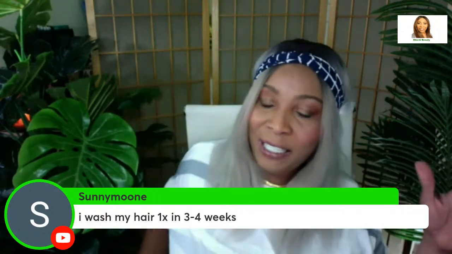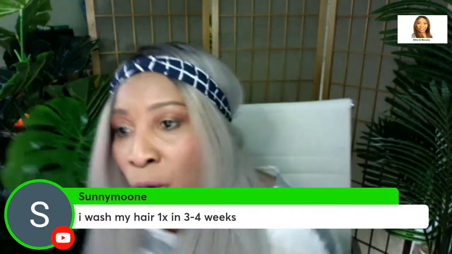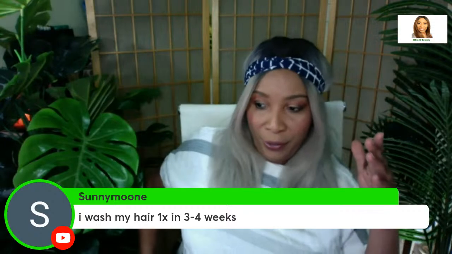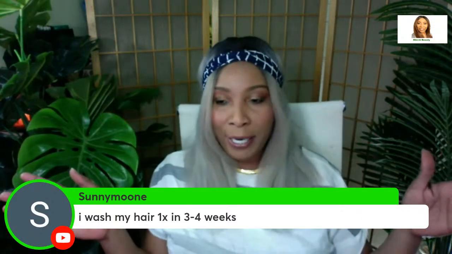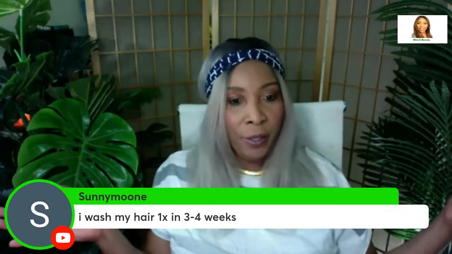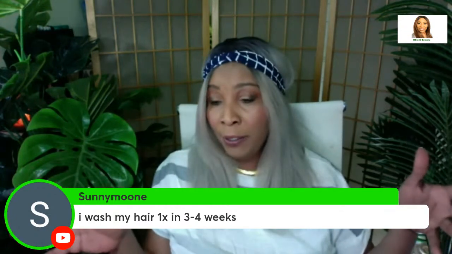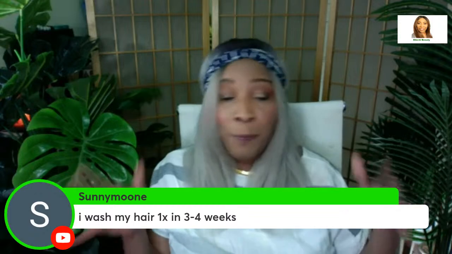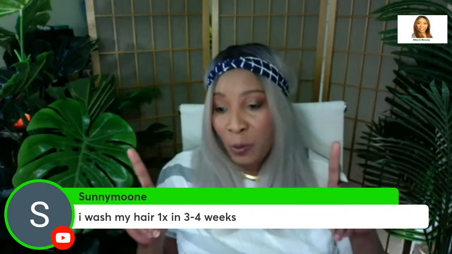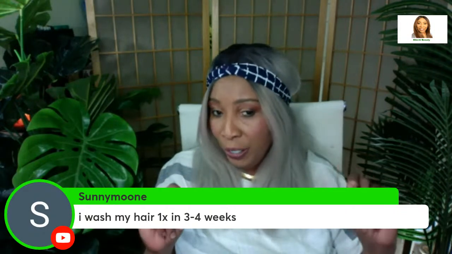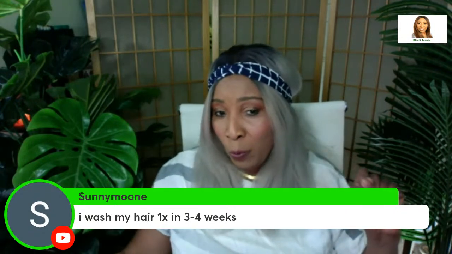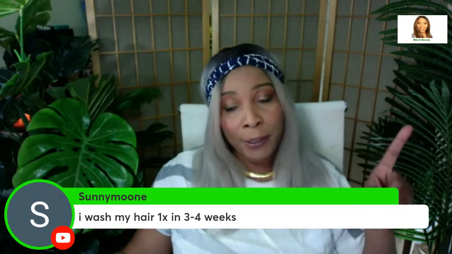Now let's get real when it comes to how often we should wash our hair. This is where it's going to split, okay? And agree to disagree with me. Some people, depending on the texture of their hair, wash their hair once a week or twice a week or once a month.